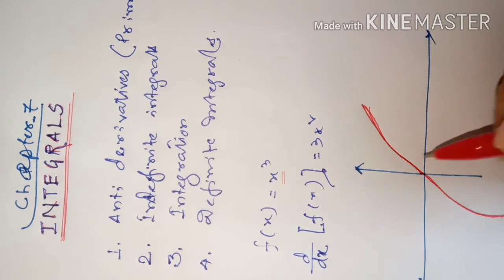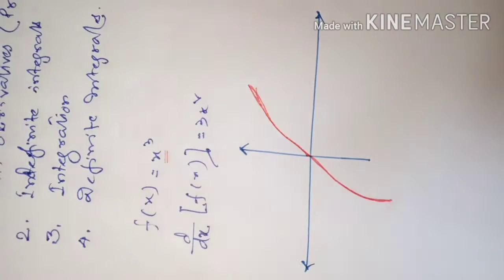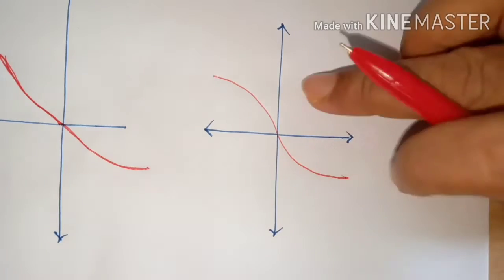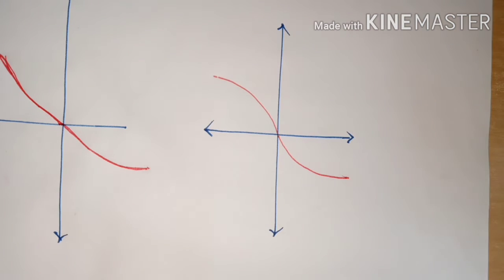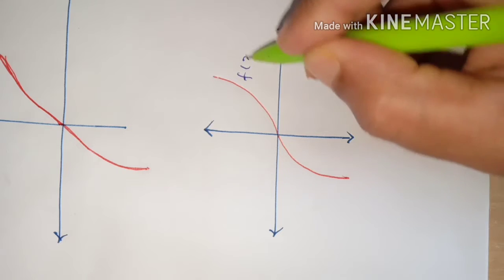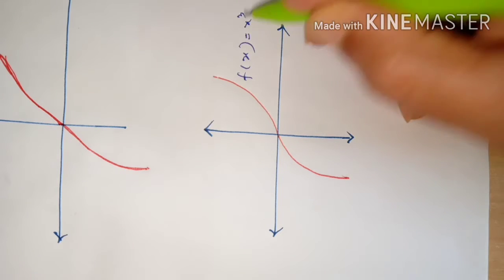Exactly, if you draw the graph, it will be something like this. Since an exact graph is not really possible, we can give you the idea of the graph of the function. This is the graph of f of x equal to x cube.